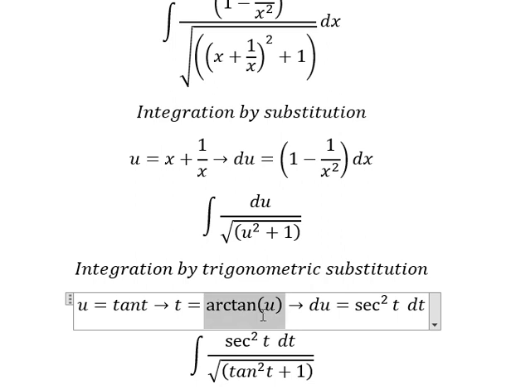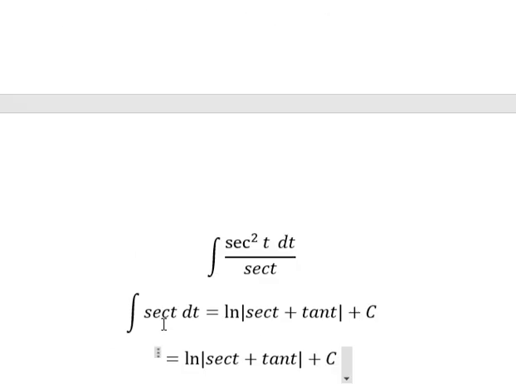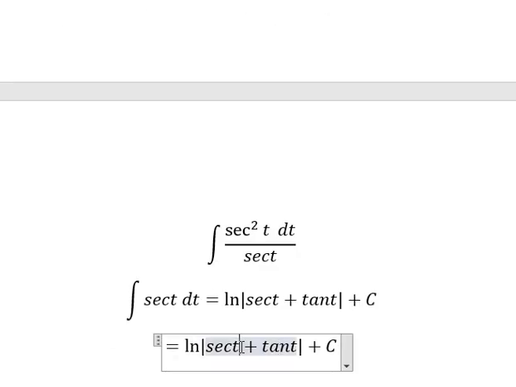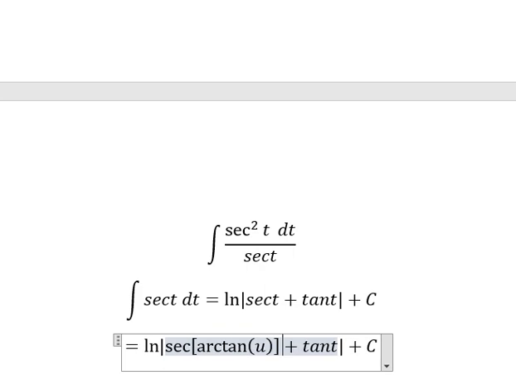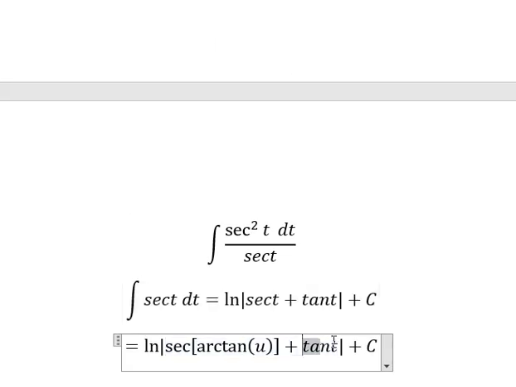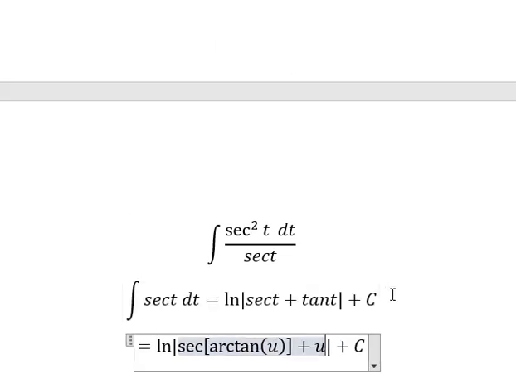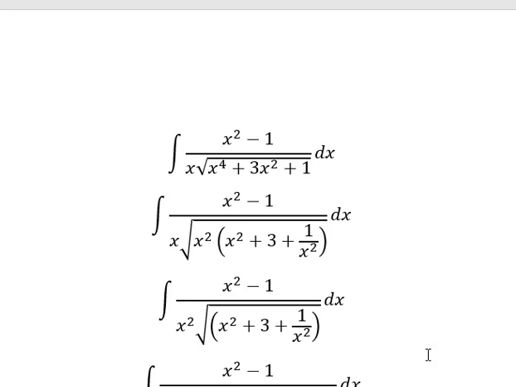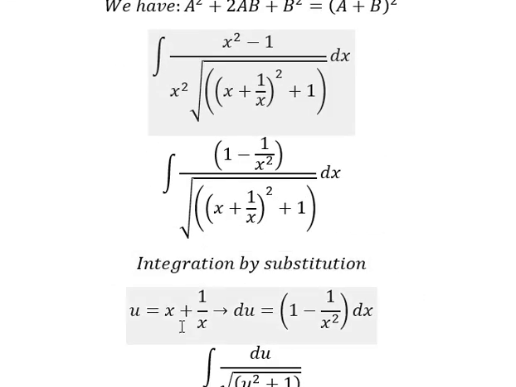So I will put this one to change for t. Tan t in here is u. And u is this one.